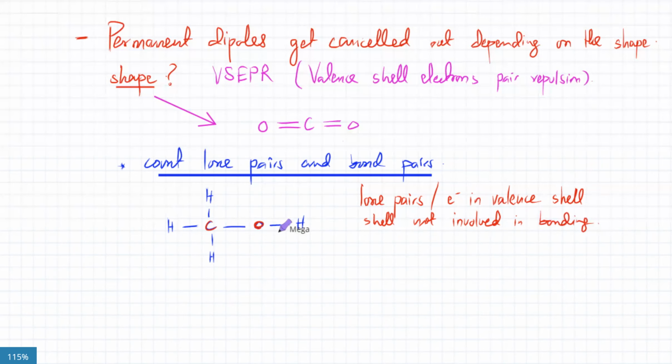So how do you figure out the lone pairs? The lone pairs are never written. The bonds you can always clearly see, but the lone pairs are never shown.